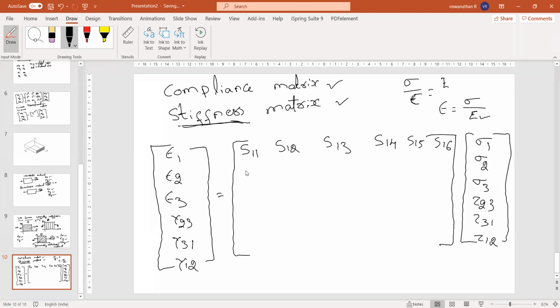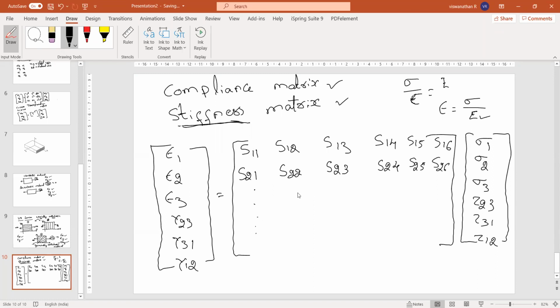So what am I writing here? I'm writing the compliance matrix for a three-dimensional body. Okay, so this is S21, S22, S23, S24, S25, S26, and so on. You write.